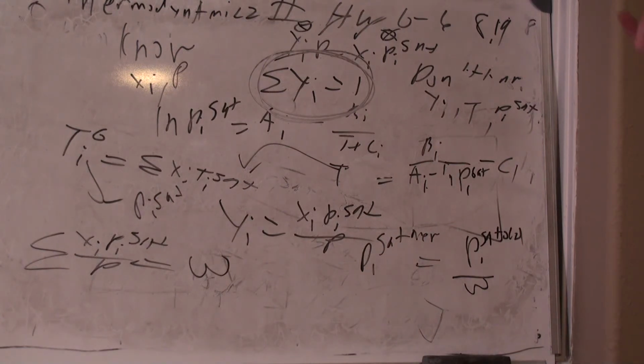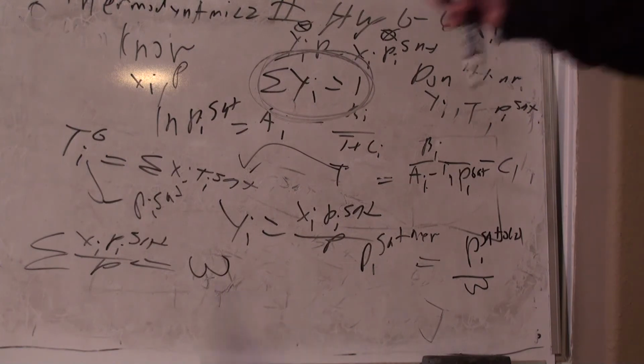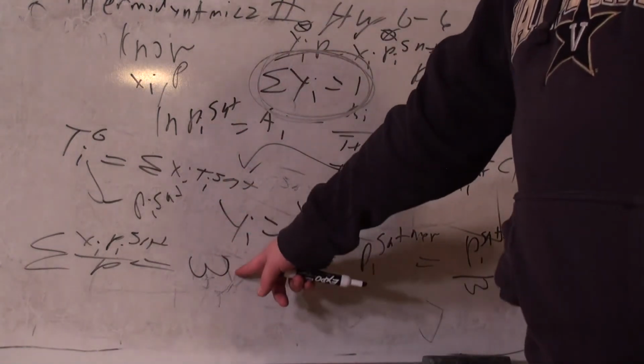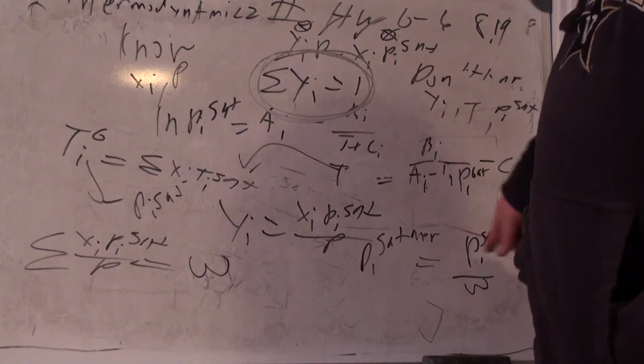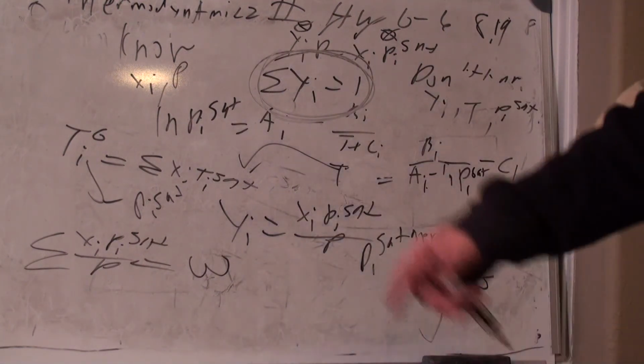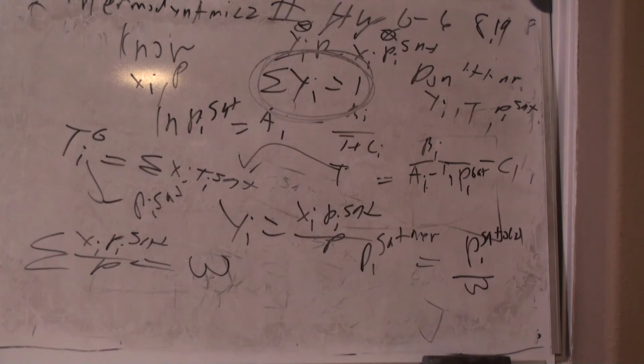Because eventually, my t won't change. And so my pi sats won't change, and this will equal 1, and then this divided by 1 is going to be that, and that won't change either. And so I'm just going to keep doing that over and over and over again.